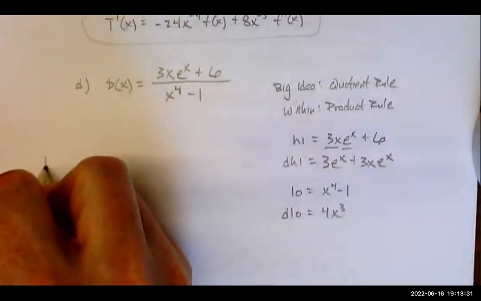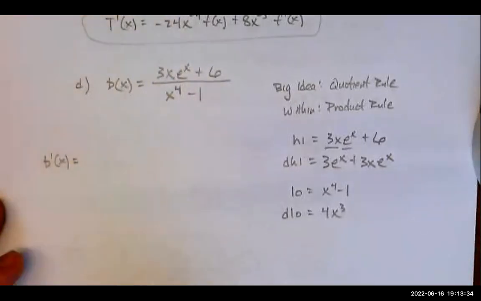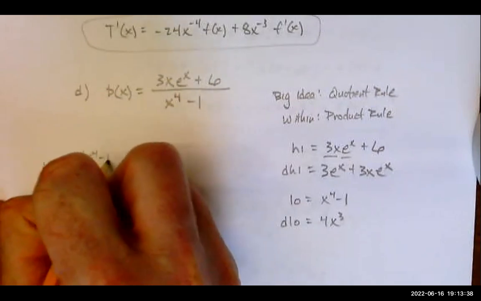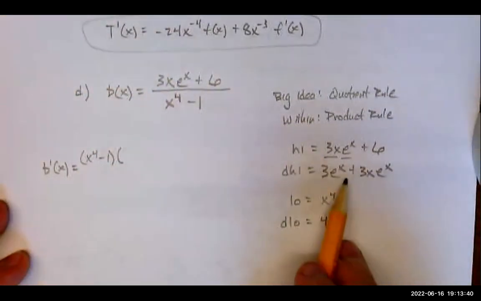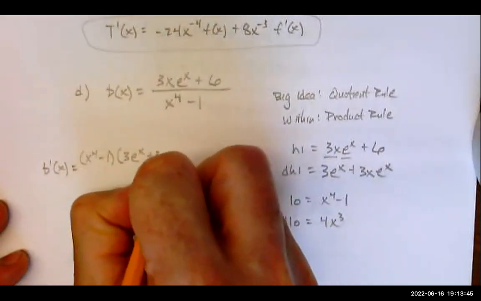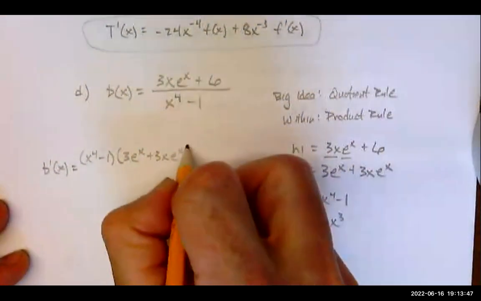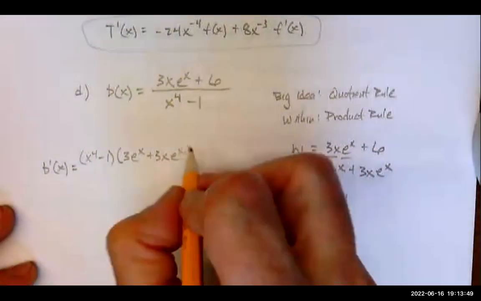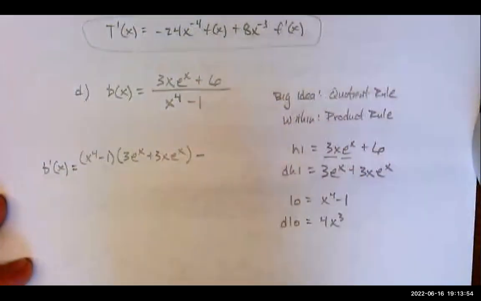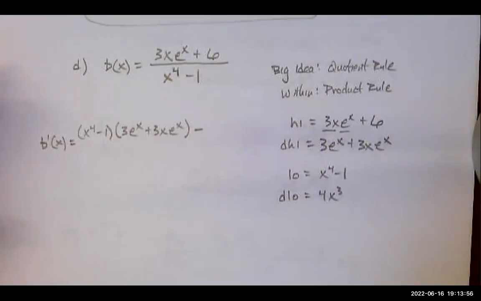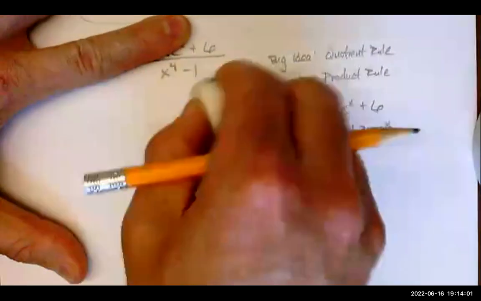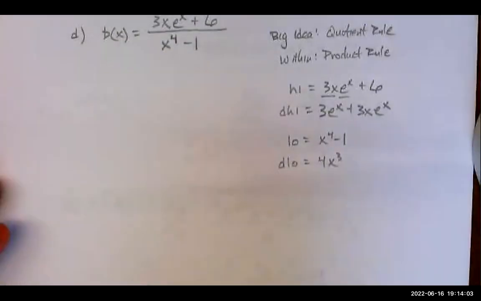Let me move maybe over here. That'll work. So doing this, we've got low times d high, 3 e to the x plus 3x e to the x. Low d high minus the high times the d low. I'm not giving myself enough room. We're just going to have to come down here, I guess.